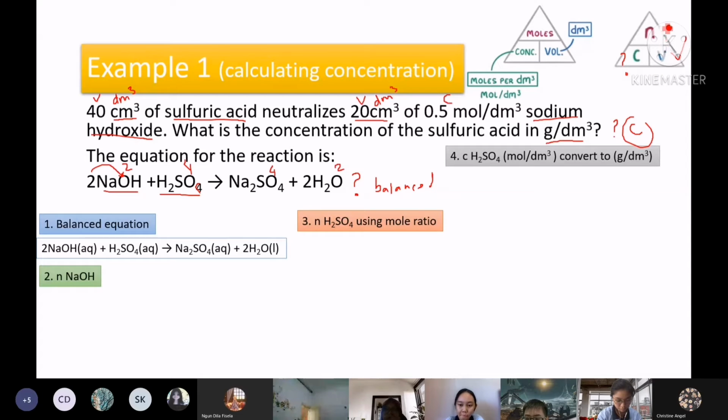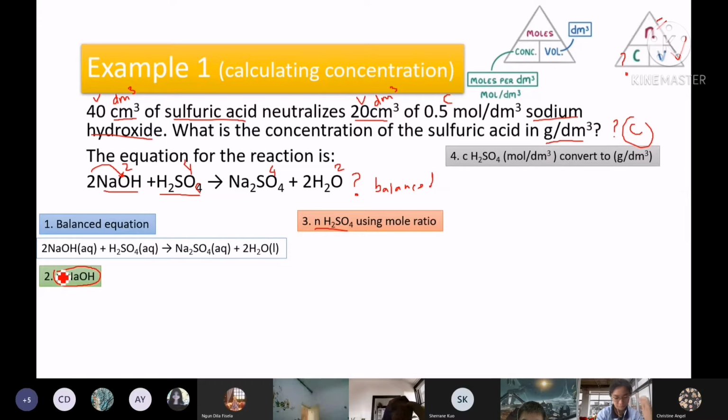Use only this equation because we don't have the mole of sulfuric acid. So we need to find the mole of sulfuric acid using the mole ratio, by multiplying it with the mole of sodium hydroxide.